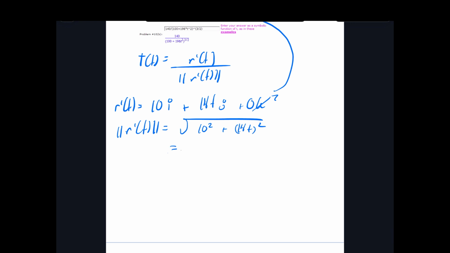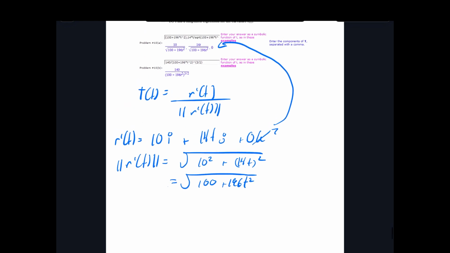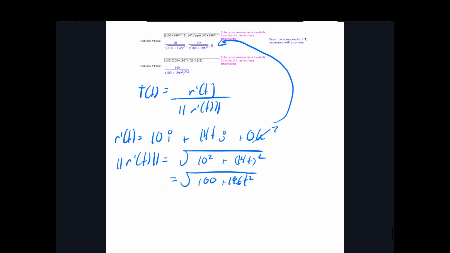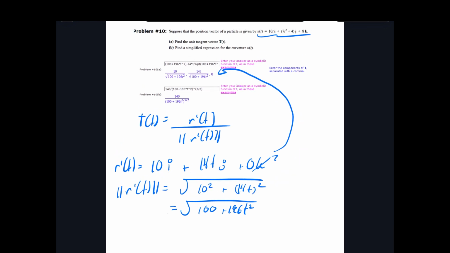And this will equal root of 100 plus 196 t squared. And you can just put them over top of each other component-wise. So the 10 goes over this, 14t over that, and that's where you get this. And now we're looking for the simplified curvature, kappa at t.